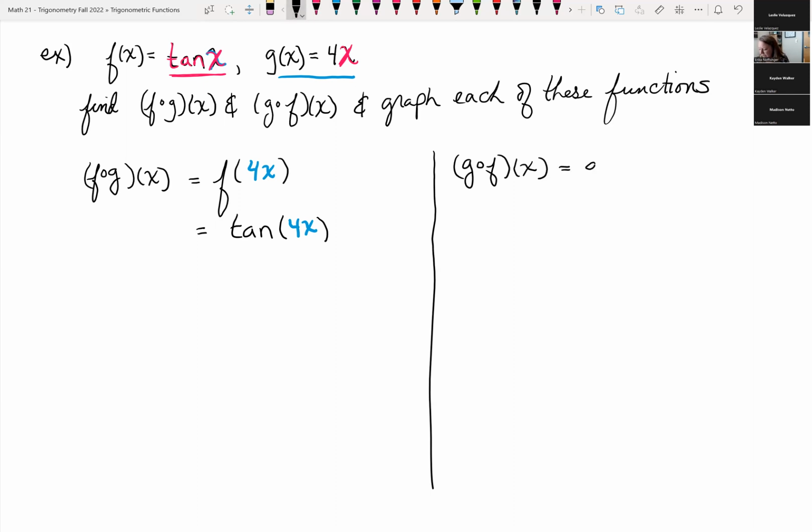So we could write this as g of f of x, which is tangent of x. So taking tangent of x again and plugging it in wherever we see an x in g of x. So I have 4 times, I see an x there. So I'm going to replace that with tangent of x.